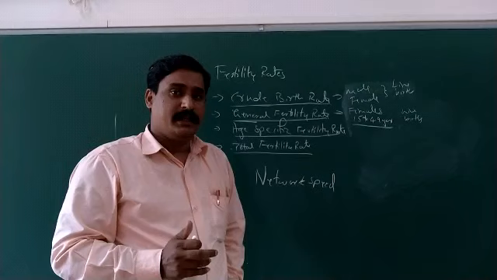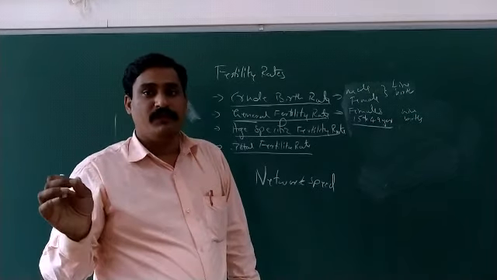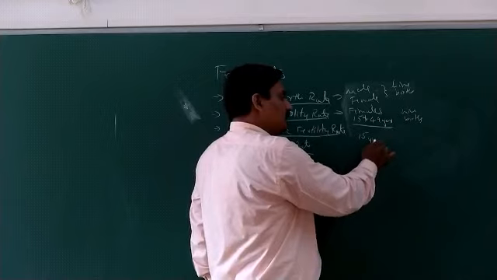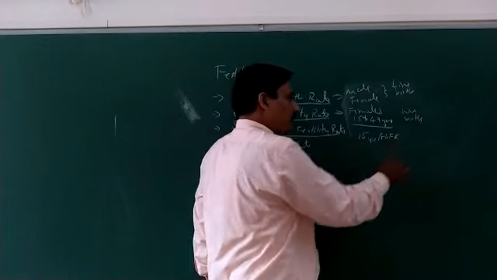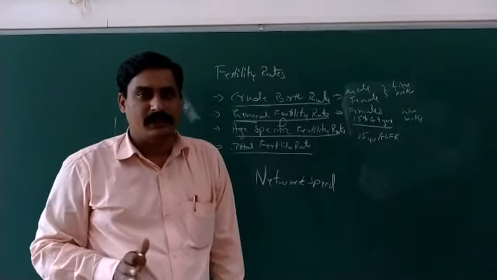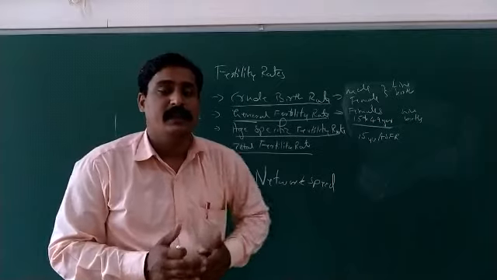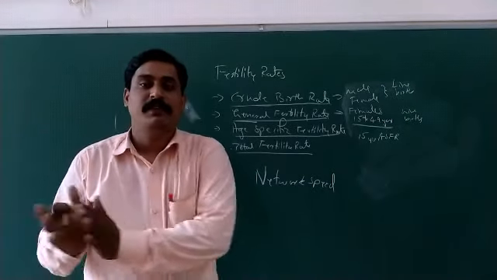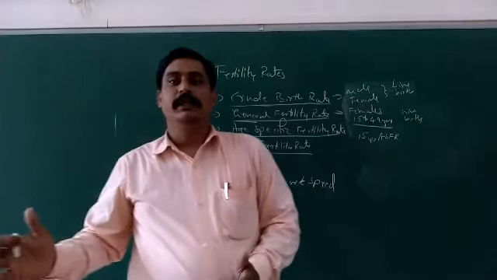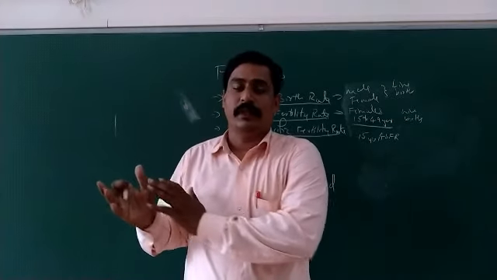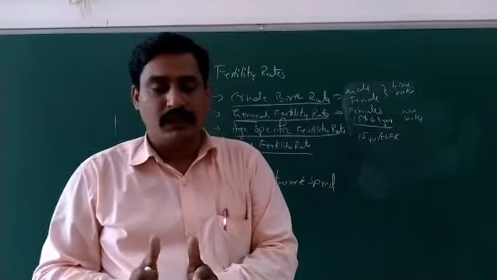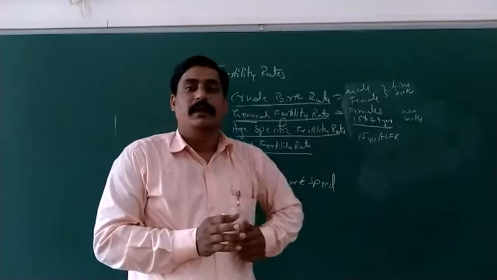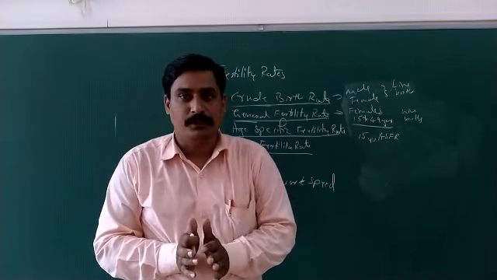Suppose you want to calculate the fertility rate for the age of 15 years, then we calculate ASFR for 15-year-old females. Or if you want to calculate ASFR for a particular age group of females, for example 15 to 19, 20 to 30, or 30 to 40, like that. If you want to calculate for a particular group, we can calculate here, and even for an individual age.